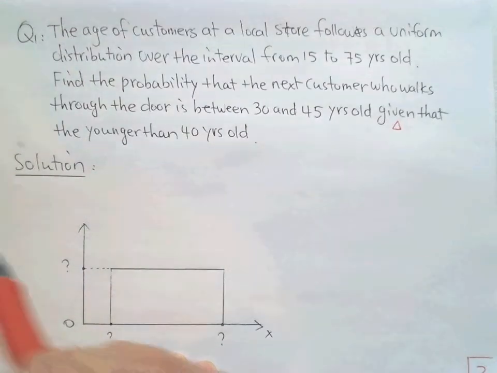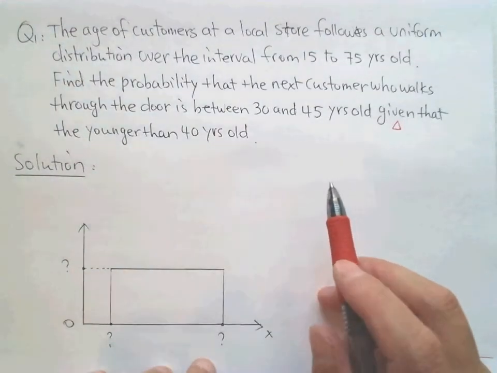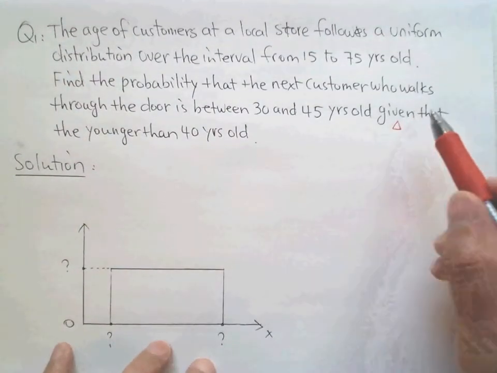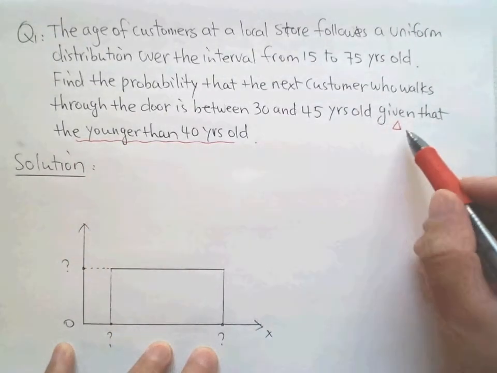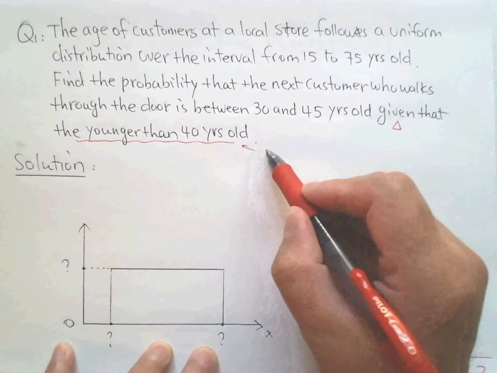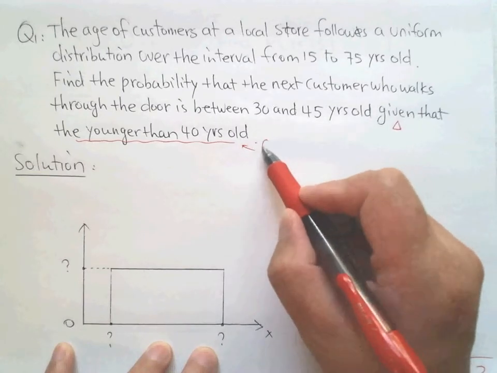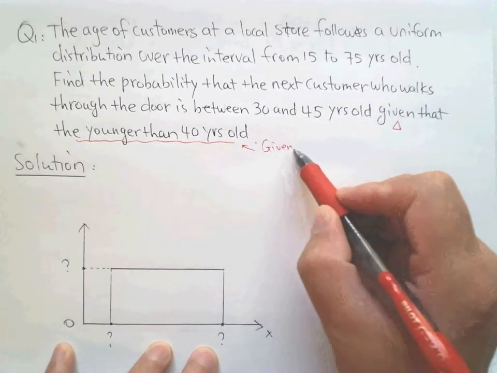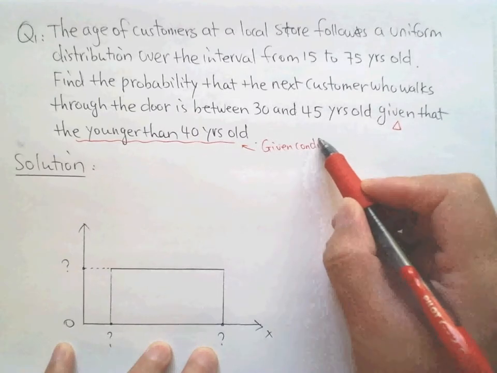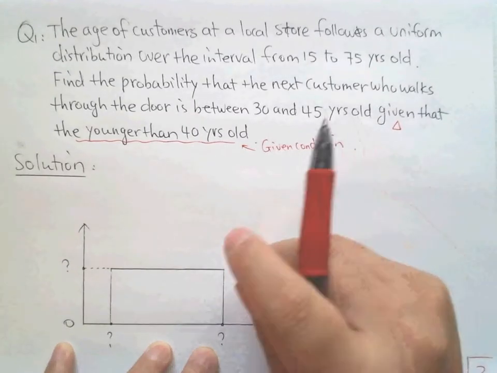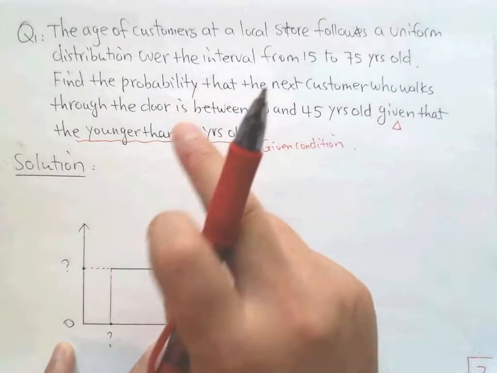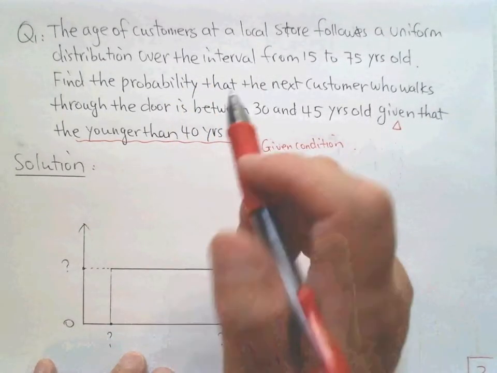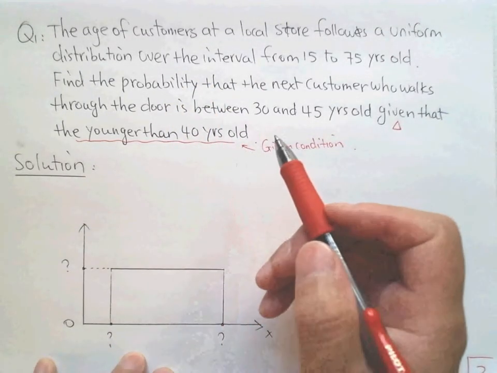So what do we need to do? Be careful. It's given, so given younger than 40. Can you see? This is the given information, or given condition. So be careful, and later we're going to find that the probability is a conditional probability, right? First, let's go into this question. We need to determine a random variable.